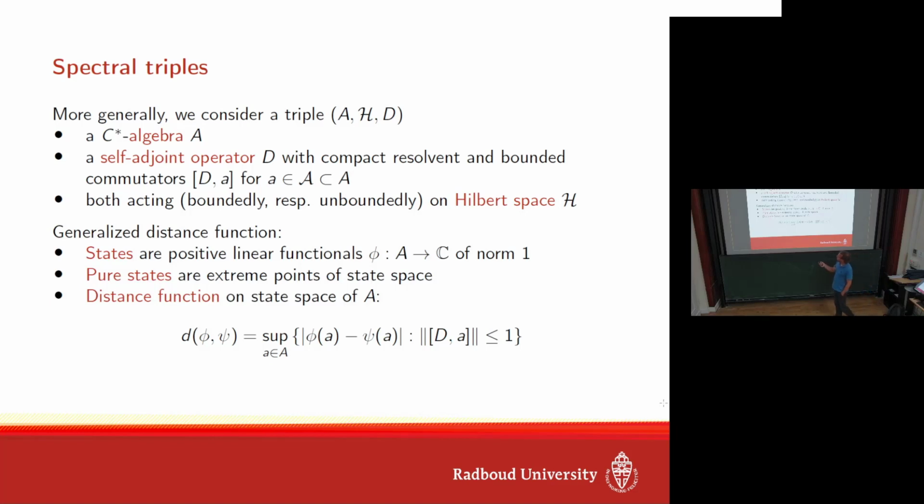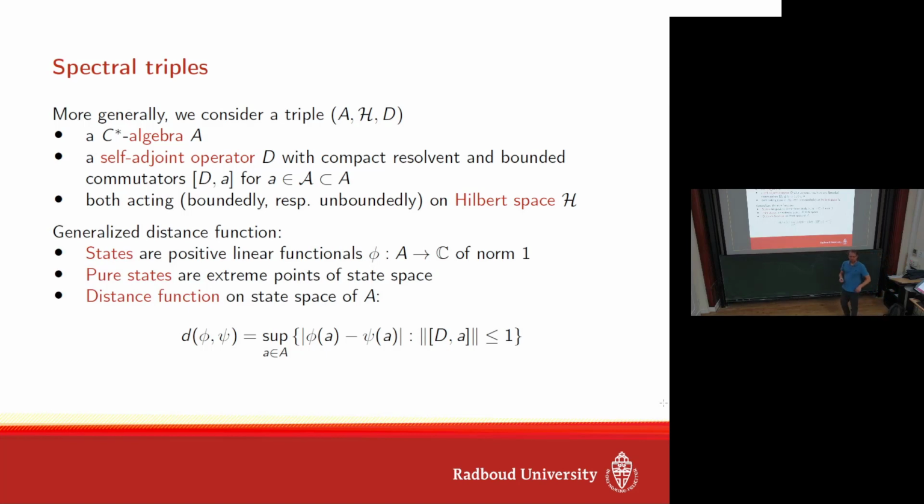Now the distance function also makes sense when you look at states of the C-star algebra. I can look at the distance between two states, phi and psi, as the supremum, imitating that function from the previous slide. You take these states, evaluate them at a, and take the gradient, again controlled by this commutator bound.